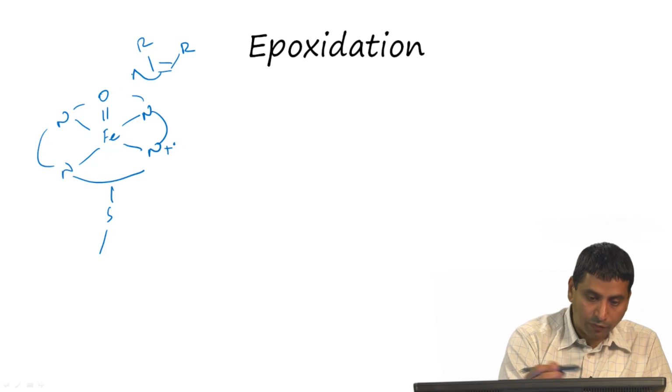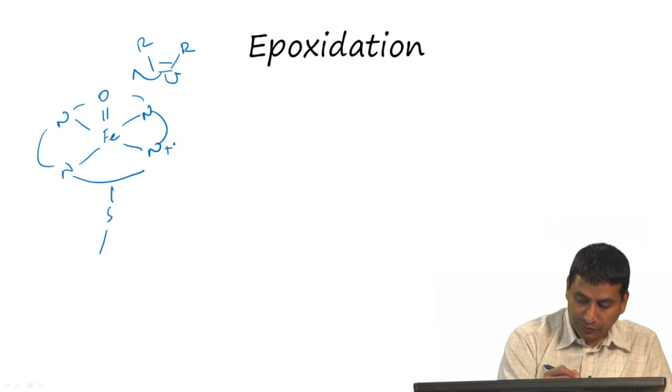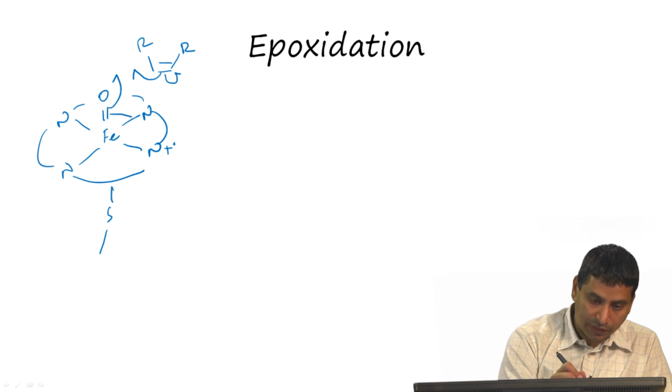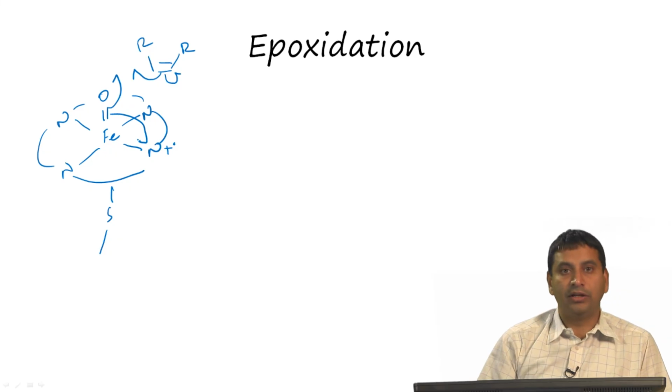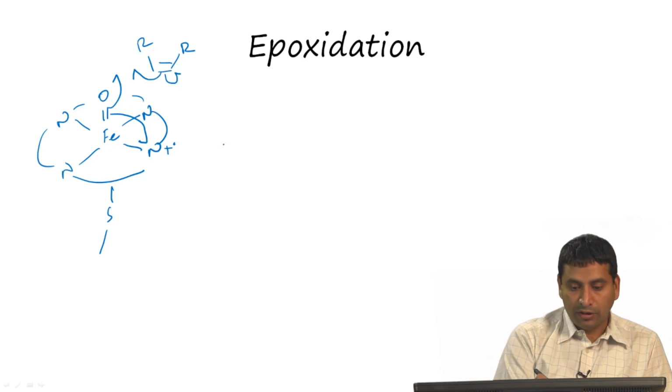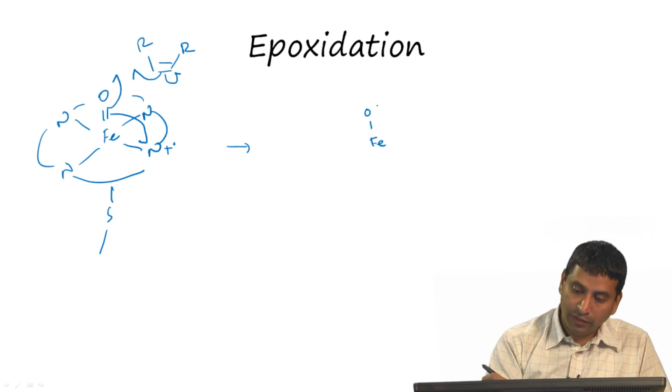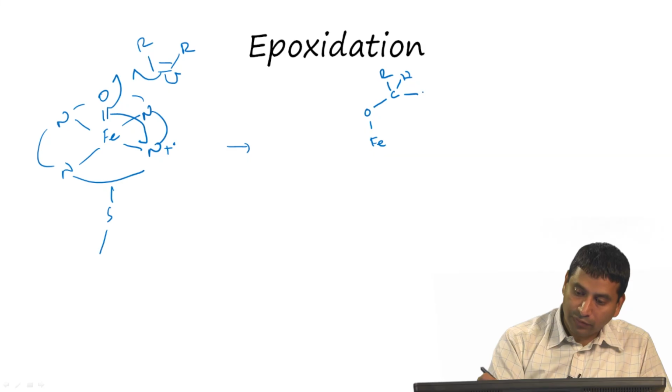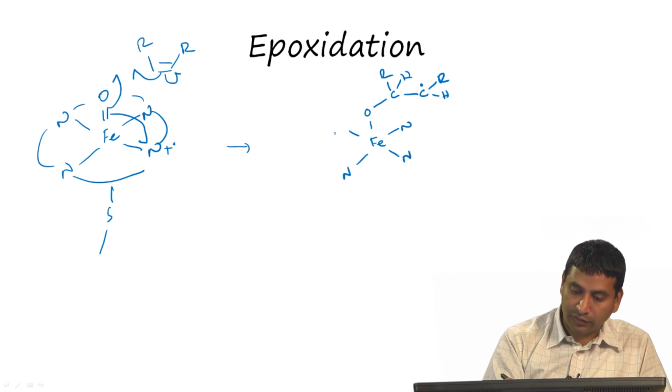So, you have the formation of a radical species, here is formation of another radical species, and this is now donated over here. The second electron is given to the radical cation of the nitrogen and we end up with FeO carbon R H carbon R radical H, rest of the molecule is the same.